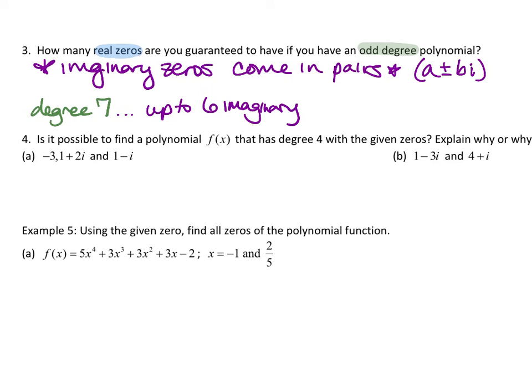That means if I have an odd degree function, any odd degree function, I'm guaranteed to have at least 1 real zero, because the imaginary ones come in pairs. So we'd have to have an even number to have totally imaginary solutions or zeros. If you have an odd number, there's at least 1 real one, which is pretty good to know.